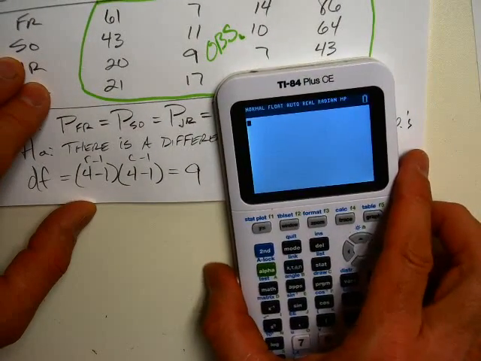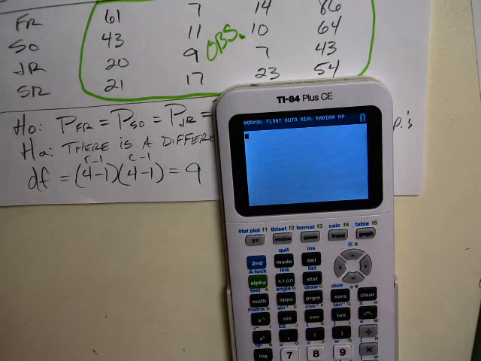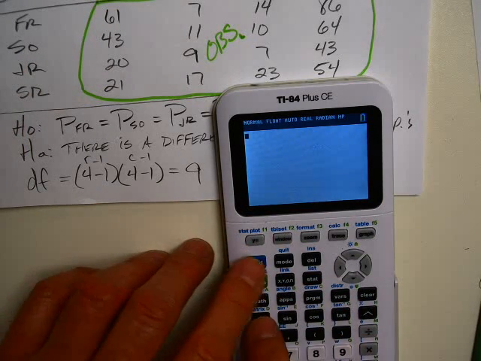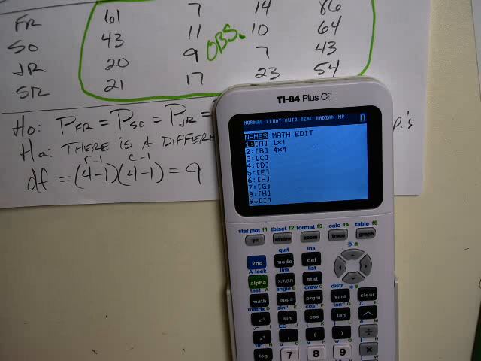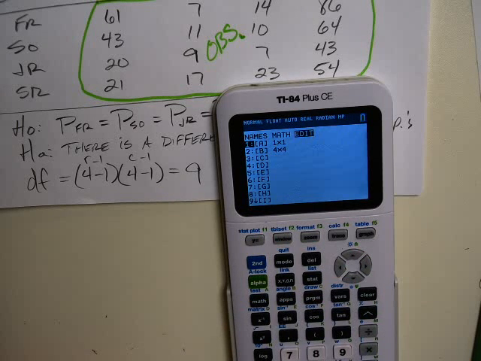So what we need to do is put these numbers into a matrix, just as they are. Now, to do that, I'm going to go to second, and then matrix is just below math, so that inverse of x. And I want to go to edit. So second, inverse of x, and then edit. And I want to edit A.